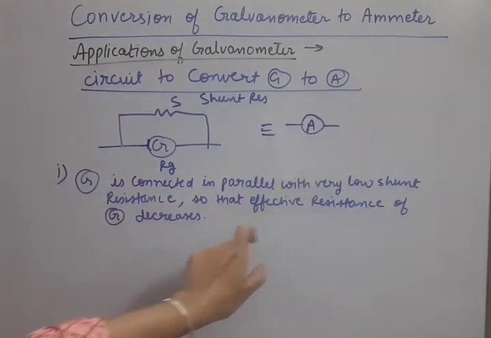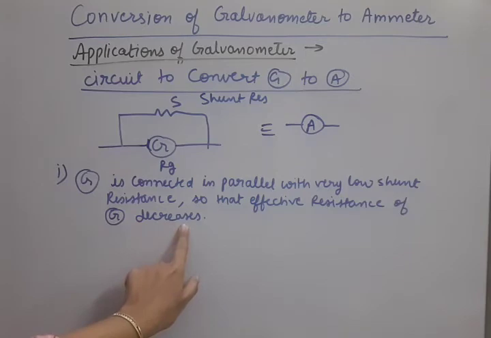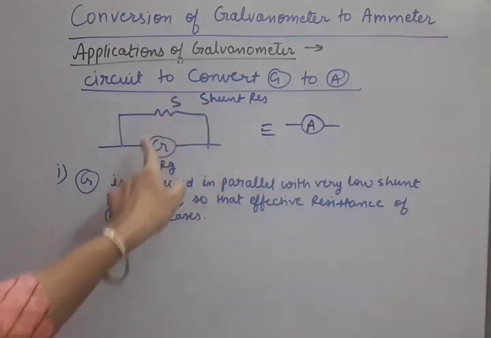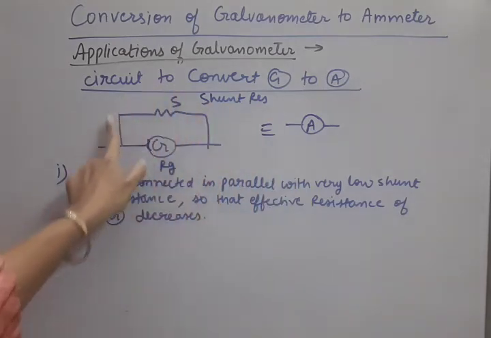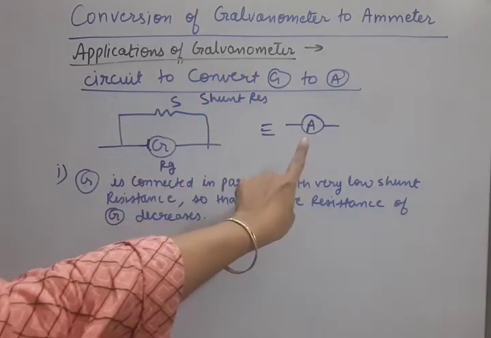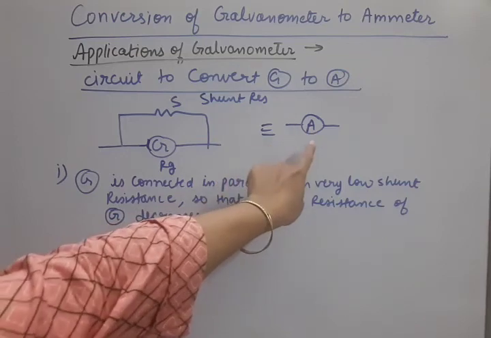Shunt means parallel only. Okay, low shunt resistance, so that the effective resistance of the galvanometer decreases. That is all we wanted, since to make it an ammeter its ideal resistance should be 0. So this whole circuit, the shunt connected with the galvanometer, is called an ammeter. These three lines mean equivalent to an ammeter.